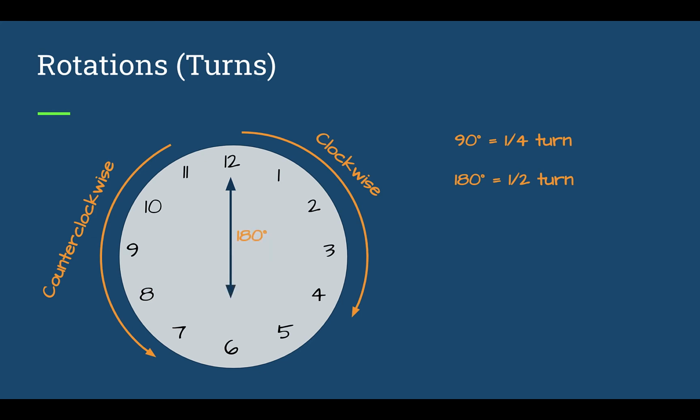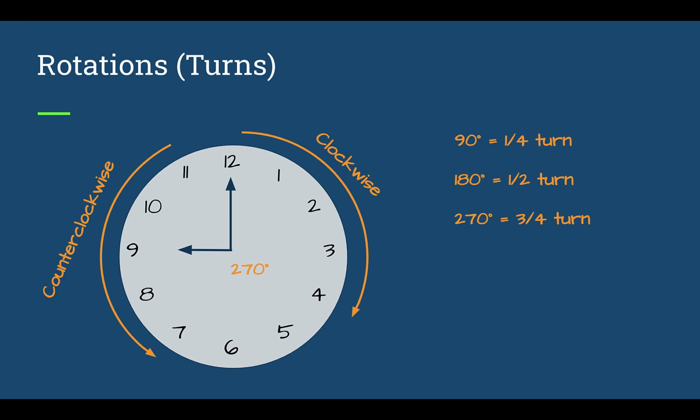So if it was facing 12, now it's facing 6. It completely turned around. If you are familiar with skating terms, doing a 180 means you rotate and now are facing the other direction. 270 degrees would mean you started at 12, you rotated 3/4 of the way around, and now maybe you're facing 9.